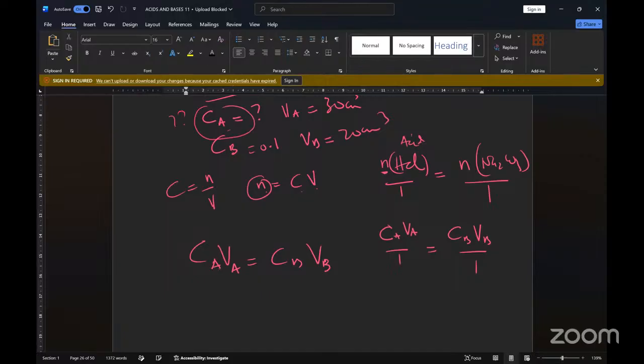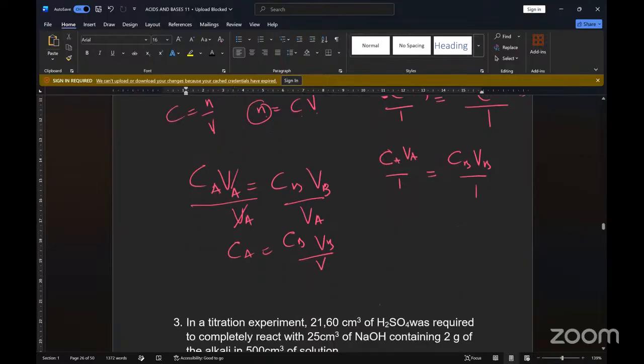That is what we are supposed to find. So we can make it the subject of this equation by dividing both sides by the volume of the acid. So this one cancels this. Then we'll say concentration of acid is equal to concentration of base times volume of base over the volume of the acid. So we just substitute it here.